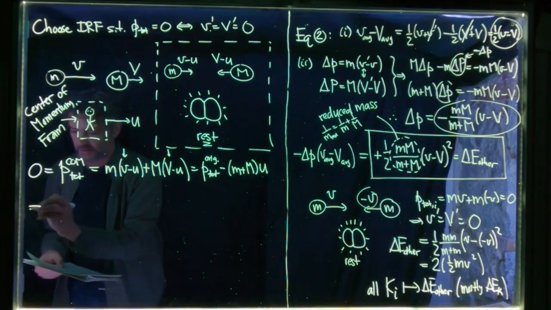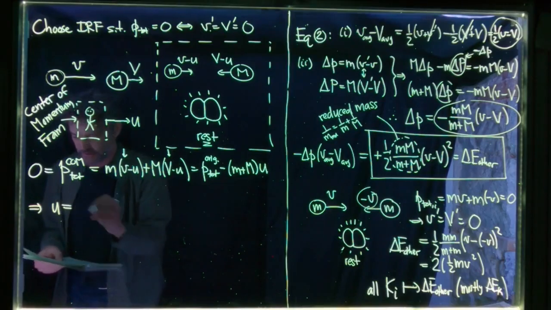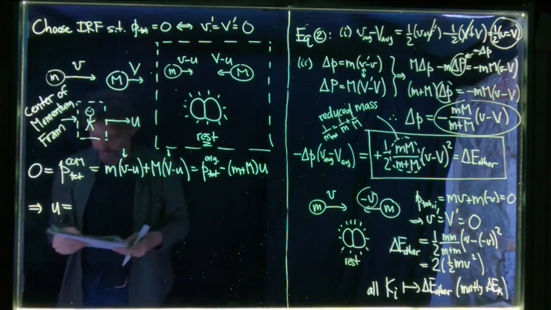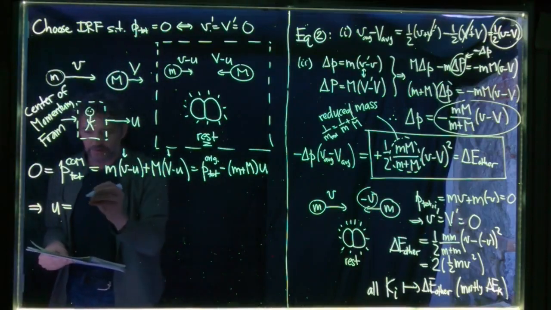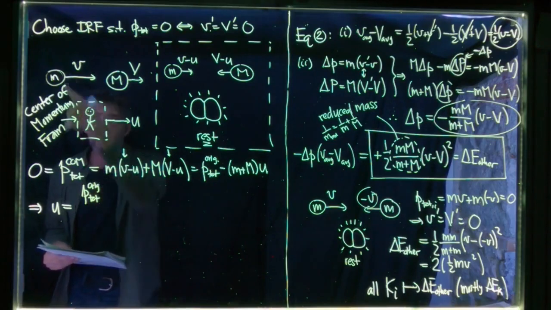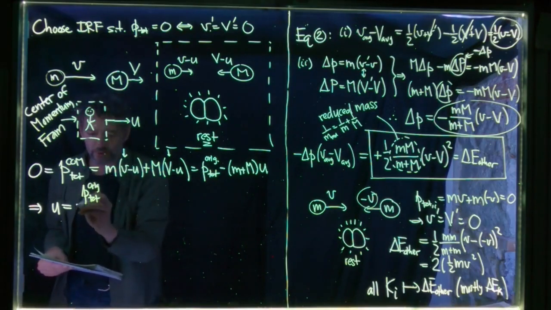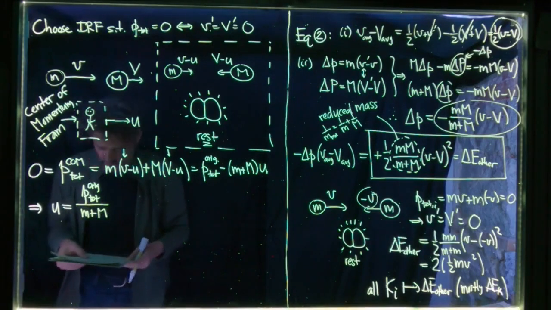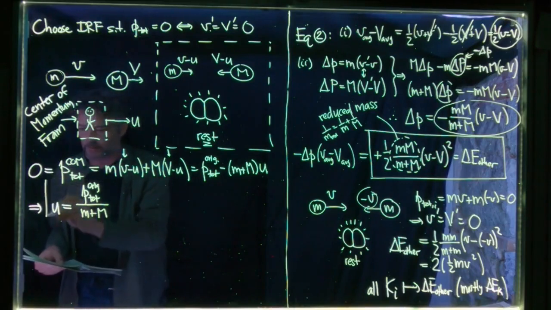That tells us that the relative velocity, the velocity we need to drift at relative to the original setup, is we just take the total momentum in the original inertial reference frame, and we divide by the total mass. Momentum divided by mass is a velocity. So that's an important result.